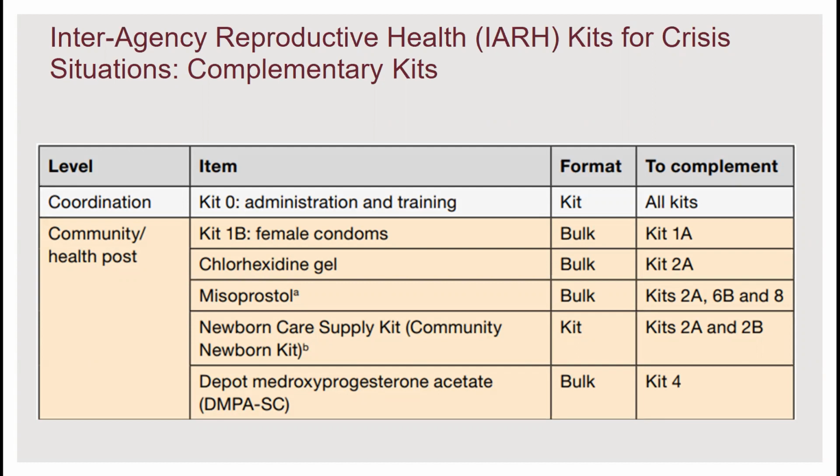The example here shows complementary kits for the community level interagency reproductive health kits and the core kits that they complement. We also note that some kits consist entirely of bulk products. In this context, bulk means individual products and not necessarily large quantities, but enough to complement the kit for the target population numbers.